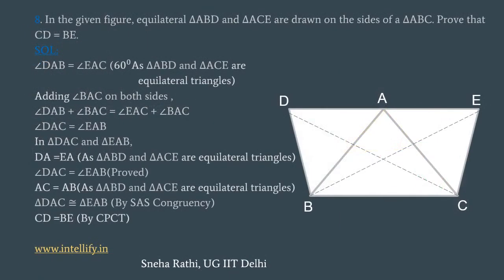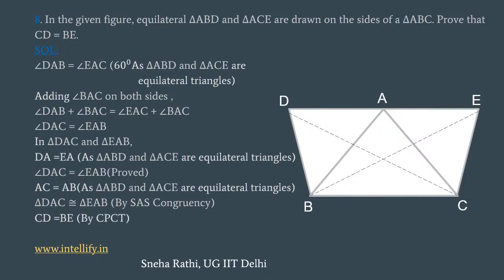Okay, now eighth question. In the given figure, equilateral triangles ABD and ACE are drawn on the sides of triangle ABC. Prove that CD is equal to BE. Okay, when you observe this figure, you observe that BCED is a trapezium.